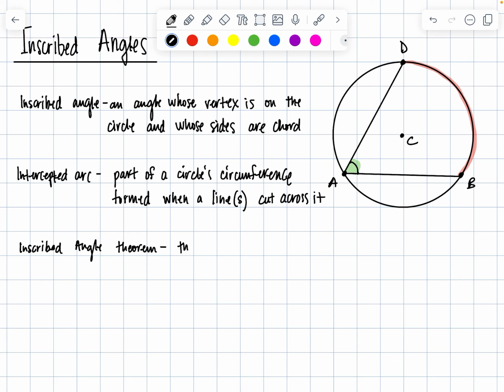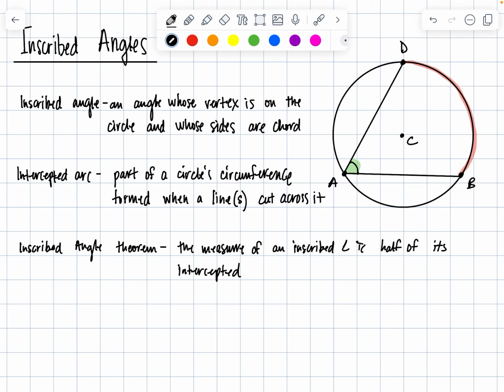The measure of an inscribed angle is half of its intercepted arc.